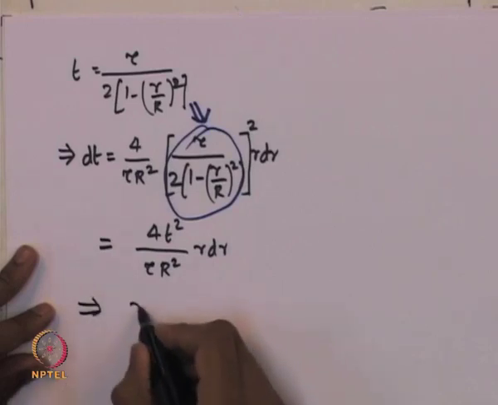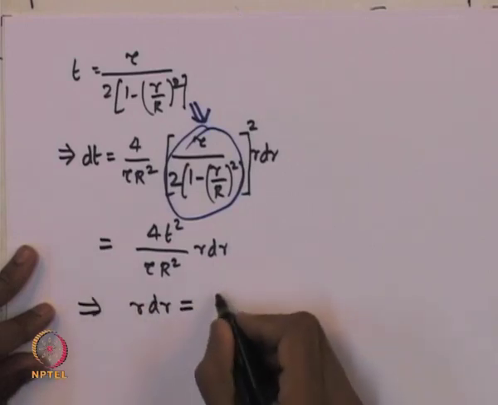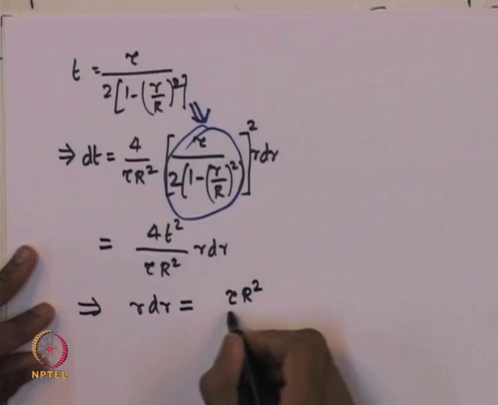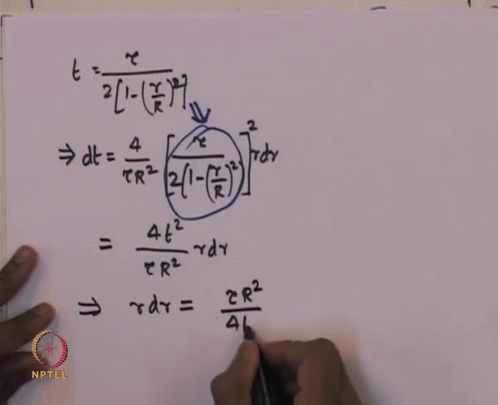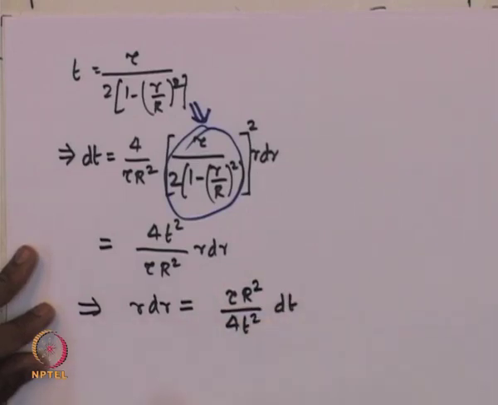So, from here we can find out that r dr is actually given by tau r square by 4 t square into dt.